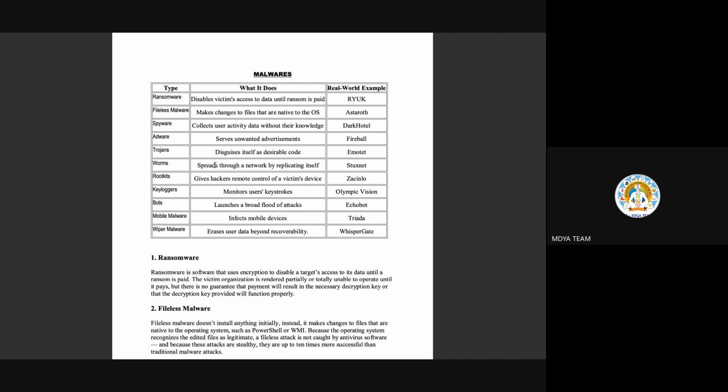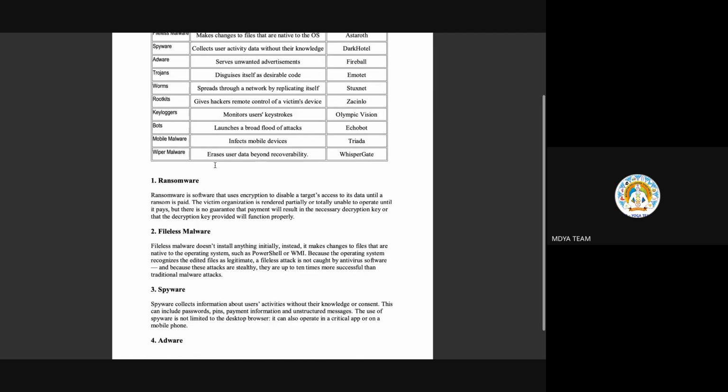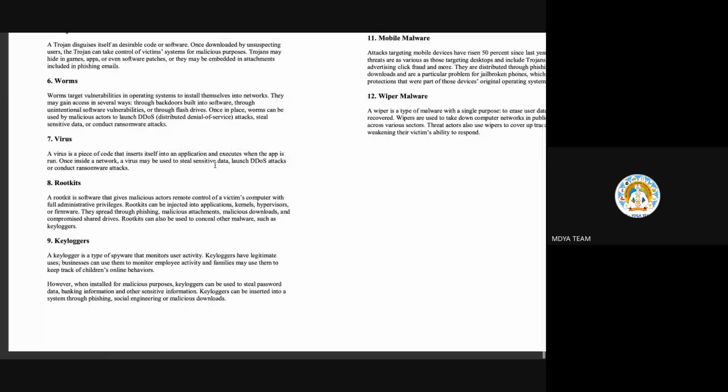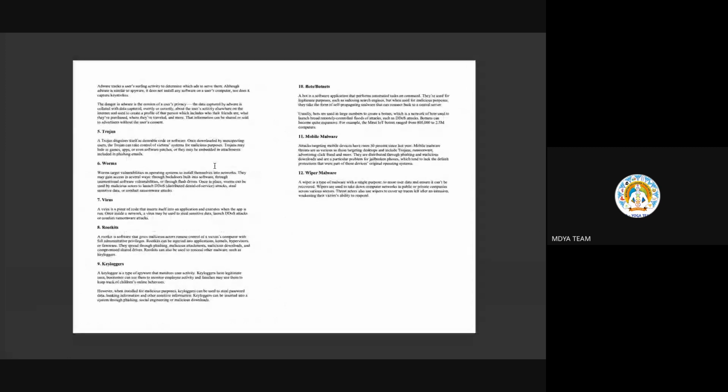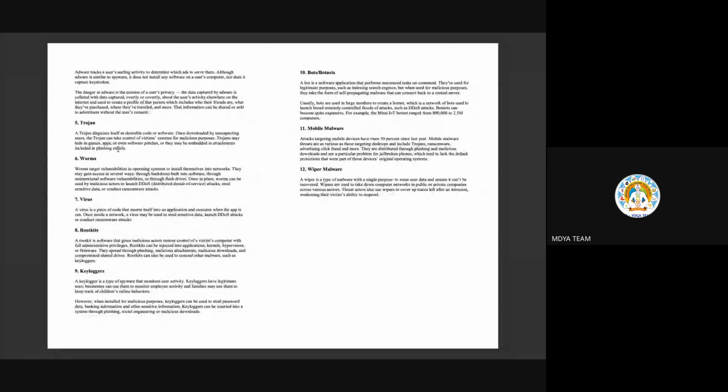Then adware serves unwanted advertisements that flash on your screen whenever you surf somewhere. And Trojan horses disguise themselves as a desired code, but actually they are not. So this is the Trojan, which disguises itself as a desirable code or software.